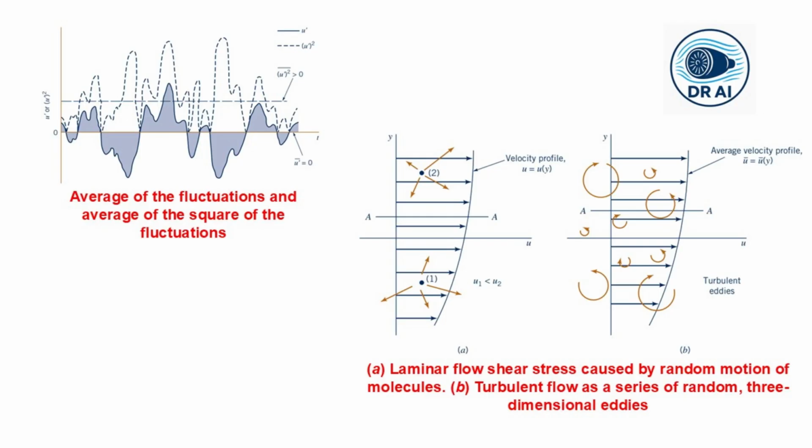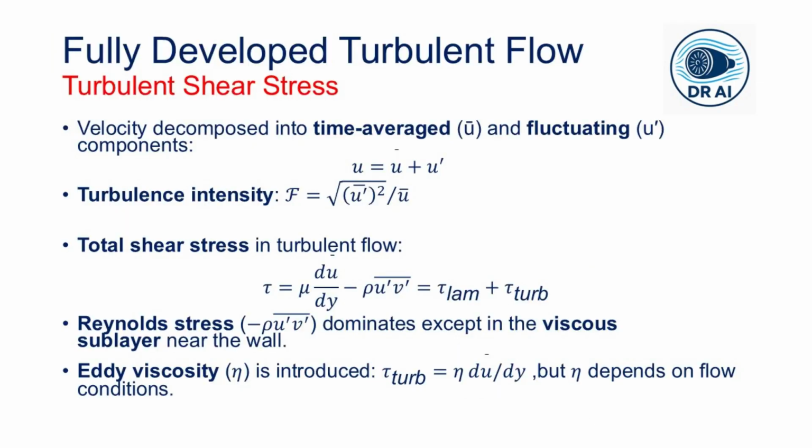Imagine a plane across the pipe, an eddy moving upwards carrying with it the lower x momentum from its point of origin, and an eddy moving downwards carries higher x momentum from nearer the center line. This macroscopic momentum exchange creates an enormous apparent shear stress. This is the turbulent shear stress, and it's given by a term called the Reynolds stress, written as minus rho times u prime v prime, with a bar over the whole product.